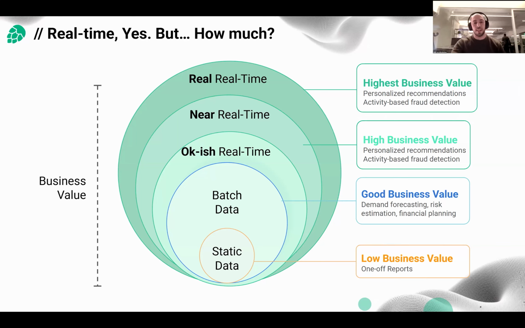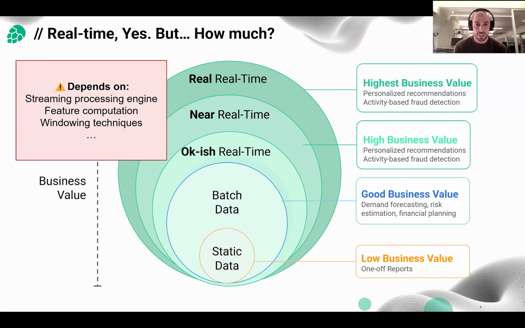So how fresh our data is will depend on different decisions at the architecture level, which processing engines we are using, how we are computing these features in a streaming manner, and some other things that we will see later on.